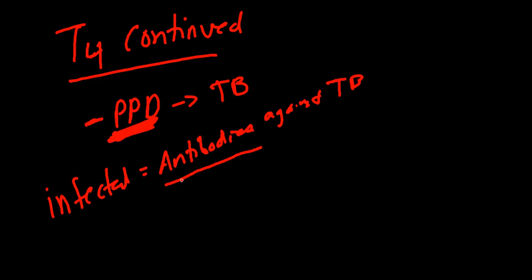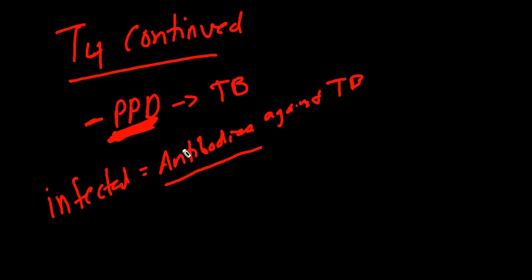So if you have antibodies already preformed, since you already have a TB infection, they're going to react to that antigen that you just presented it with in that shot, and you're going to get the reaction. You're going to get the local destruction. Your cytotoxic T cells will come in. You're going to release some interferon gamma from the T helper cell. You're going to stimulate macrophages. They're going to release a whole bunch of nasty chemicals at that site, giving you the red little welt that you'll see underneath the skin. So that's going to be your PPD test.